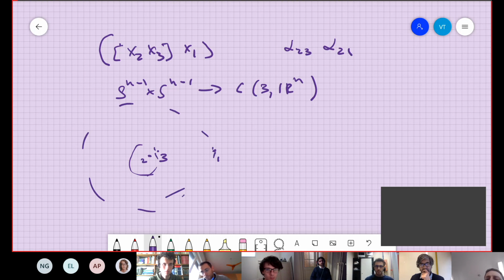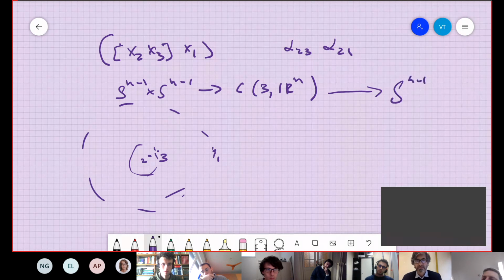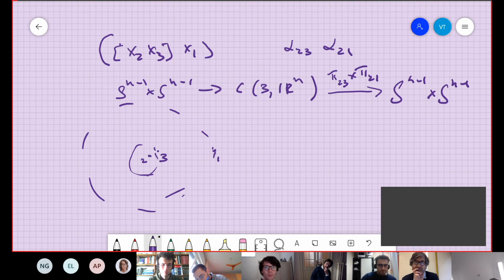And you see that alpha 3 is also obtained as a pullback of the map to the configuration space of 2 points in Rn. Actually, it's just spheres. You can take projections to spheres, Sn-1, Sn-1. And so these are our projections pi 3 times pi 1.